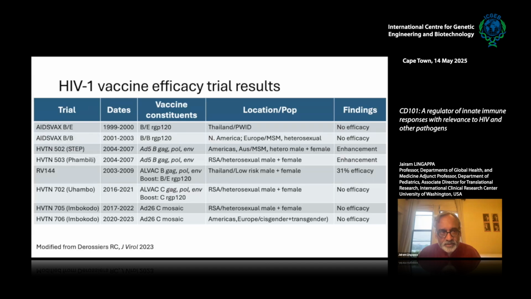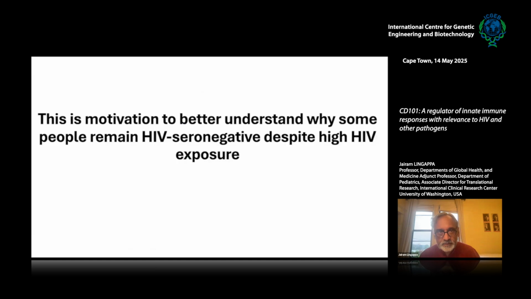Of these major efforts, one showed some sign of efficacy. The RV144 trial showed some efficacy, but efforts to replicate or enhance that efficacy were met with failure, and we still find ourselves 40 years into the epidemic with no effective HIV vaccine.